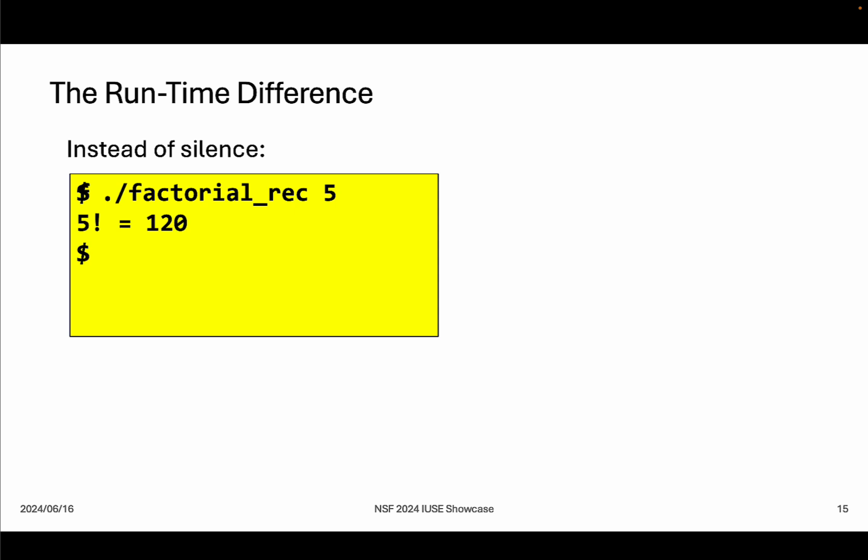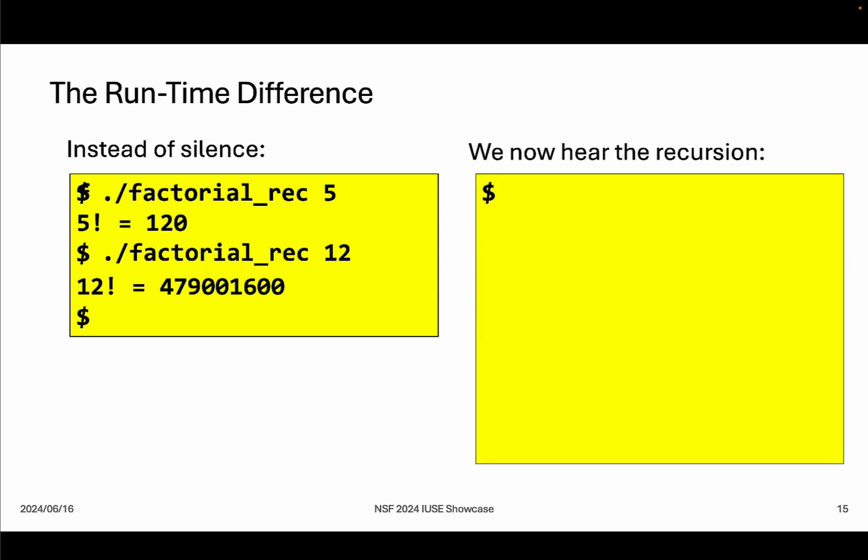Again, if we call this function the same way as before, the traditional approach will give us silent behavior that's indistinguishable from the loop-based approach. But if we do this with the sonified version, we hear something quite different.